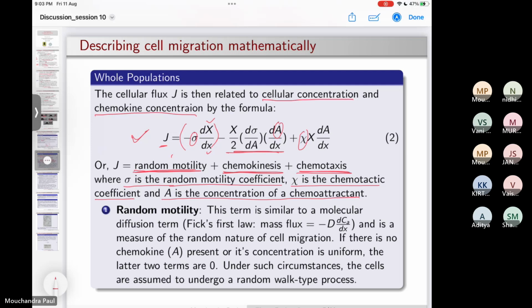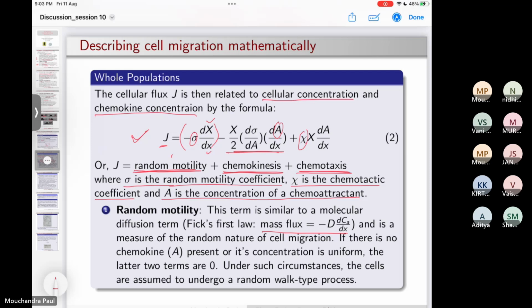Now this random motility is very similar to the molecular diffusion process, and because of that, the term used to describe random motility is very similar to the mass flux equation that comes from Fick's first law.